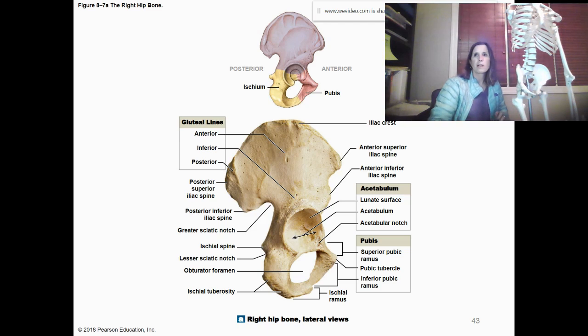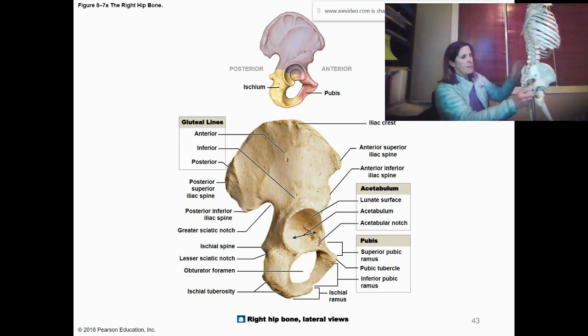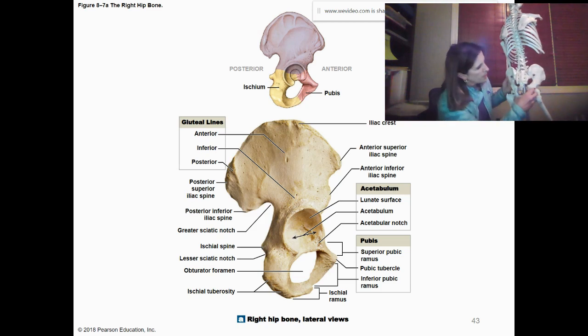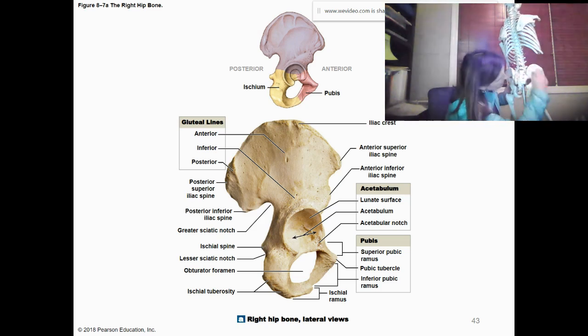So, oh, I'm lying. There's two more. So let me move to see if you can see this. I can show it on both of them actually. So this is your ilium. So we're looking here. This is the posterior side, right?